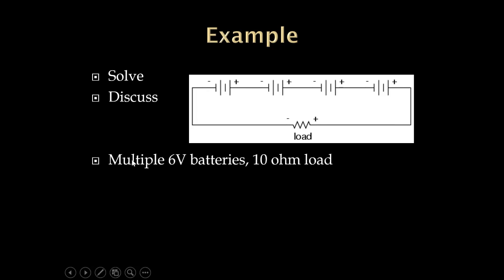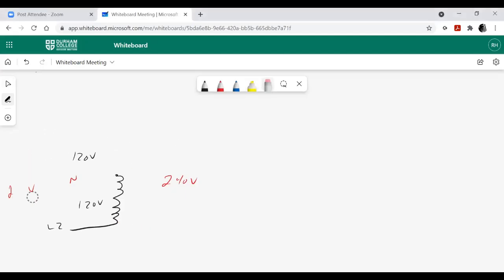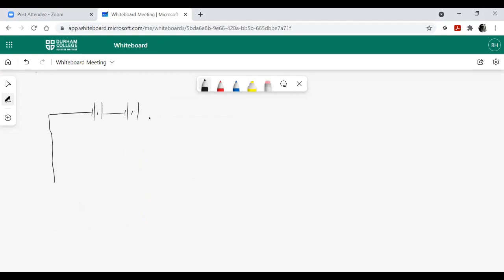Okay, so if I had multiple, in this case 4 6-volt batteries powering a 10 ohm load, and we went and solved that, okay, so 6 volts, each battery is 6 volts.